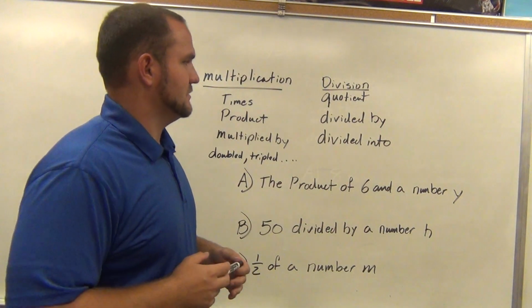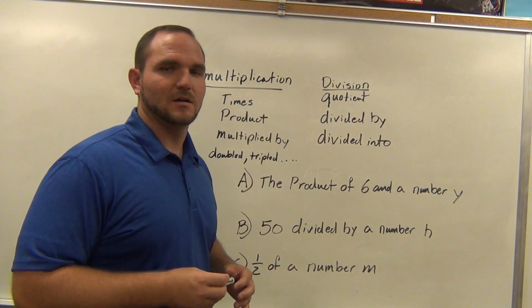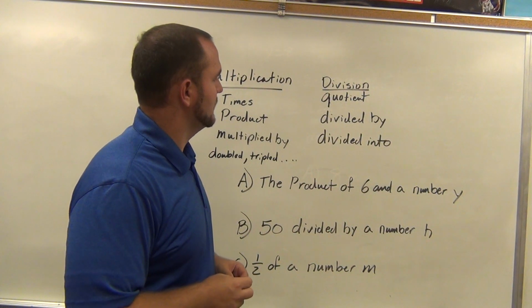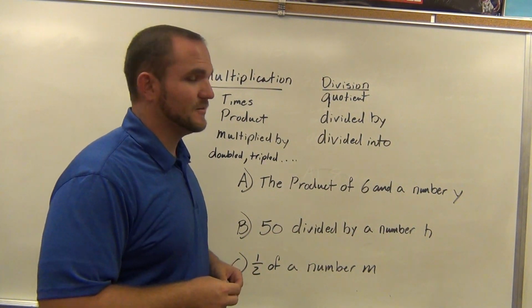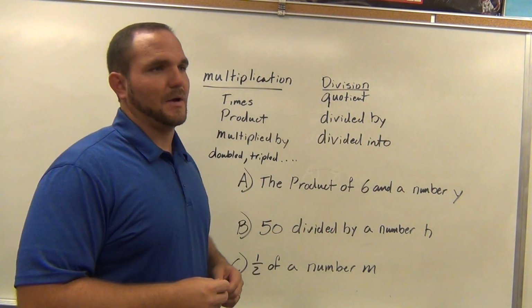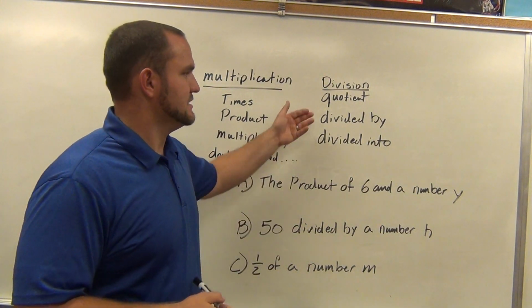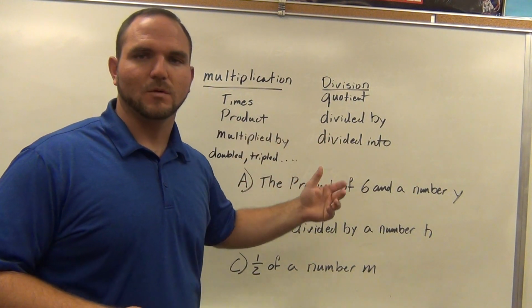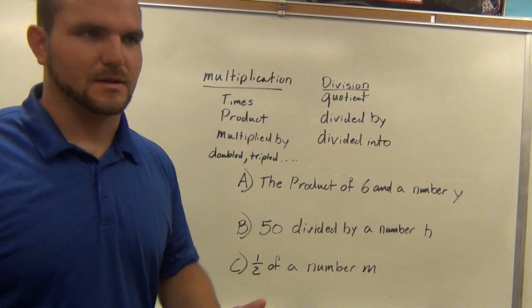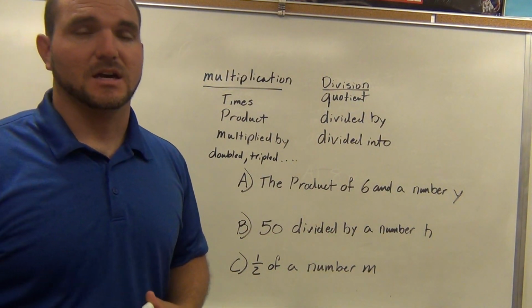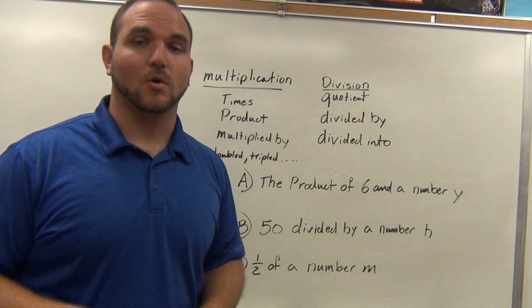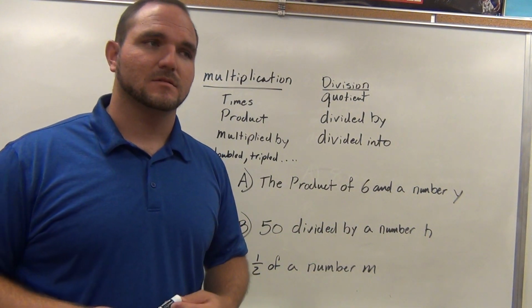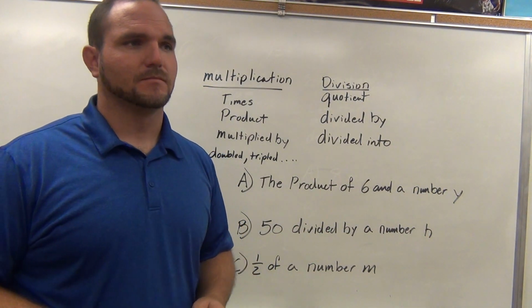Alright, so division. We have words like quotient, divided by, divided into. I personally feel like division is a little easier because a lot of them will put in divided or something like that. You could say cut in half or divided in half or half of. That is also division. That's divided by 2, right?